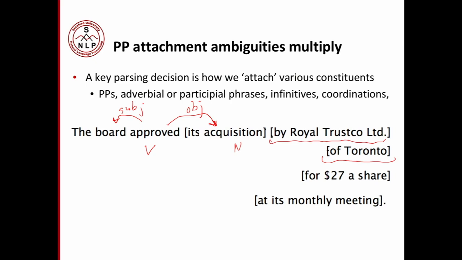Starting off, there are only 2 choices, the verb and the noun preceding as before. But it's going to get more complicated as we go in because, look, there's another noun here and another noun here and another noun here. So once we start getting further in, there'll be more possibilities. Okay, so let's see if we can work it out.